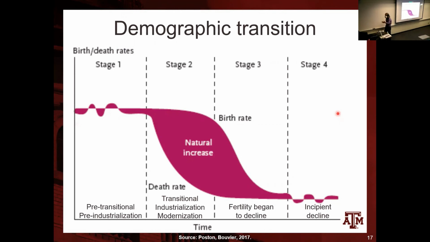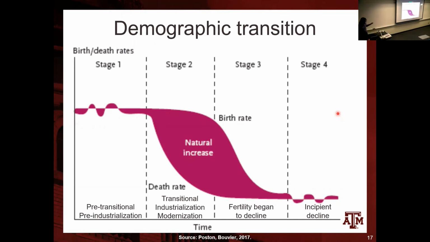And then you finally reach stage 4, called incipient decline, in which countries reach such low levels of mortality and fertility that in some cases you might experience population growth or population decline, right? But now really low levels, not so high levels as we saw in stage 1.